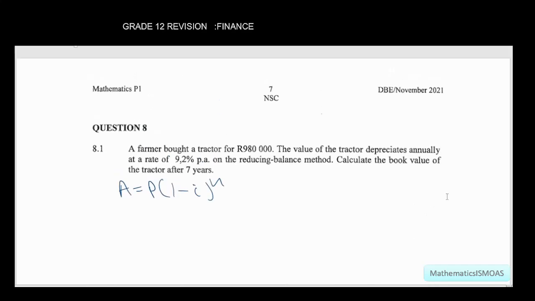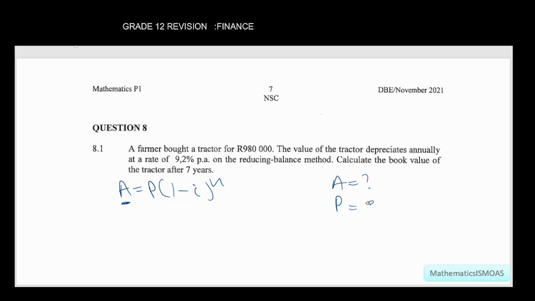And then from here, a farmer bought a tractor for 980,000. We need to calculate the book value, which will be A. Therefore, A is what we need to calculate, the book value.